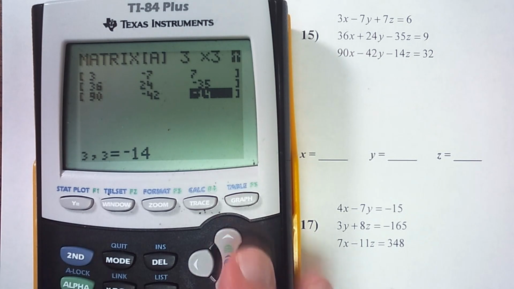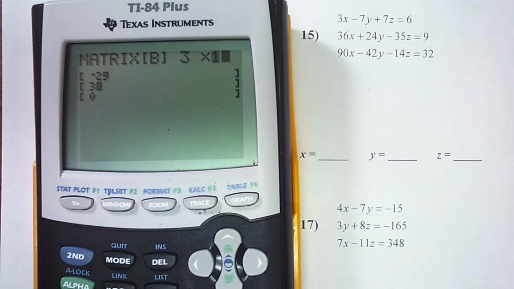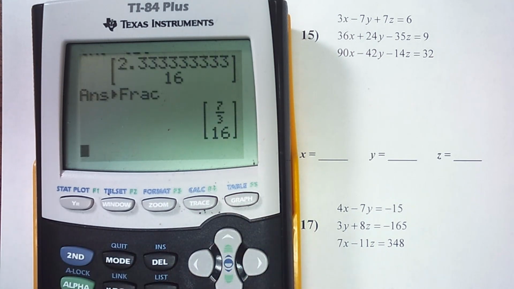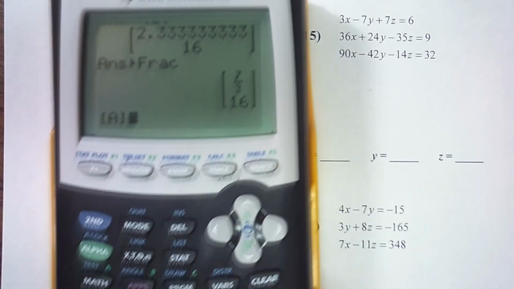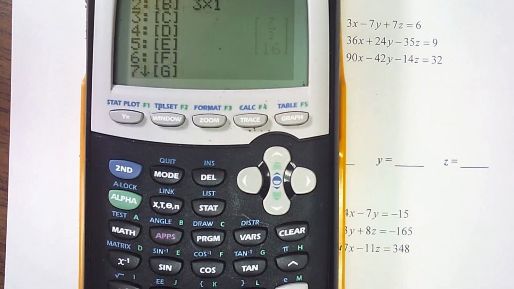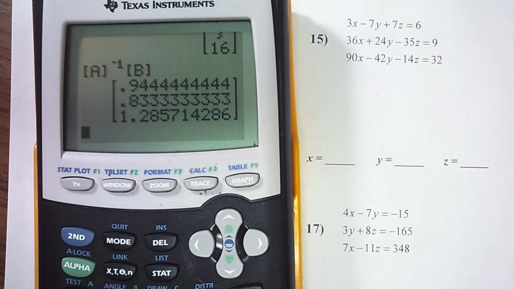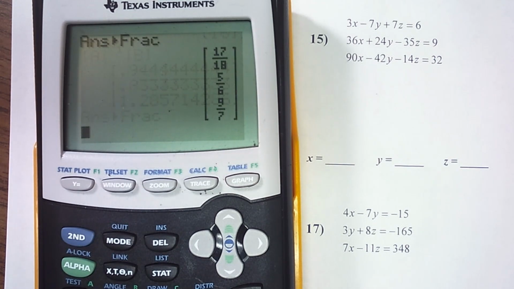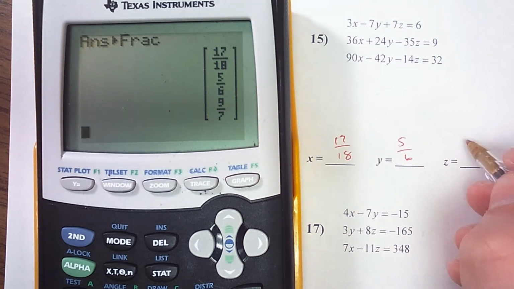Then we edit matrix B, so second matrix over to edit option 2 to a 3 by 1, and we have 6, 9, 32. Then we quit, second quit, and then second matrix 1 inverse, so that's that X negative 1 button right there, and then second matrix 2. So we have matrix A inverse times matrix B, and then math, enter, enter, 17/18, 5/6, 9/7.